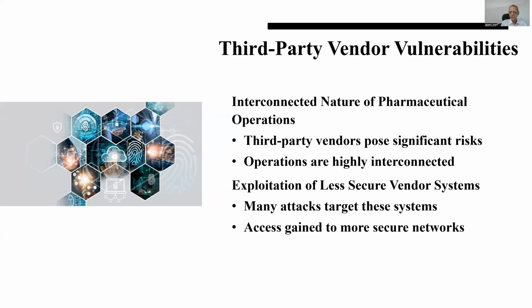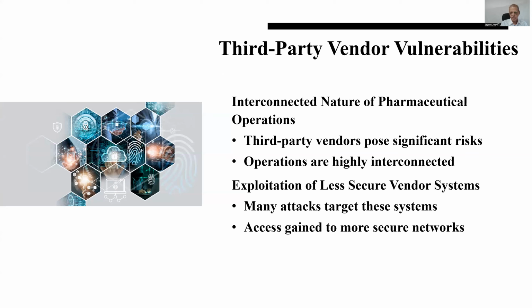And these operations are now getting highly interconnected. This is where the chances for third parties to penetrate into our systems are increasing. This is where exploitation of the less secure vendor systems comes in. As I mentioned, we are connecting vendor systems and we are not too sure about the controls on the vendor systems.